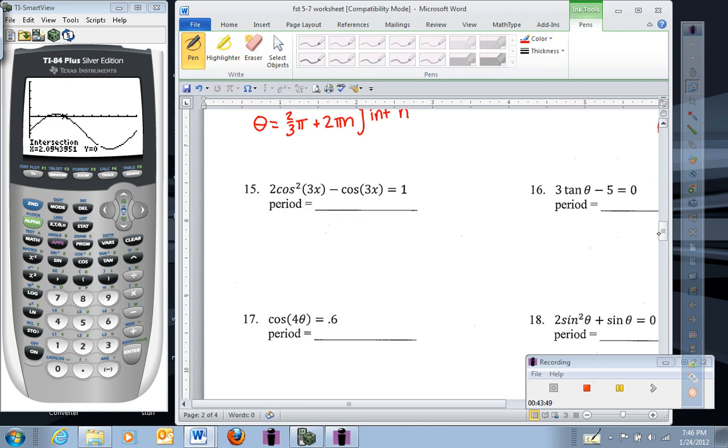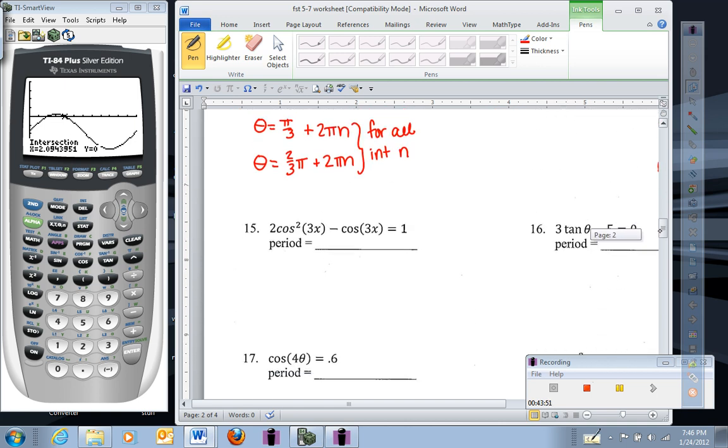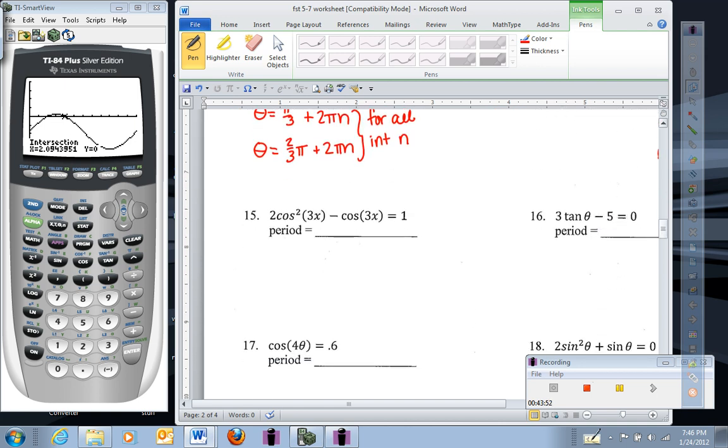On number 15, the most difficult thing about this one, I think, is going to be figuring out what's going on when you have squares and then when you have this number in front and a number over here and so on. Will the period really be what we think it is, or will it be a little bit bigger, a little bit shorter? We notice, first of all, that we have a number that's the coefficient of x.